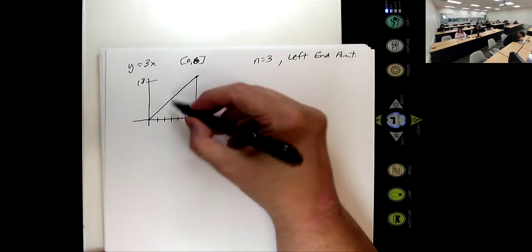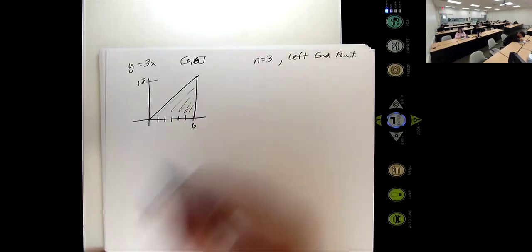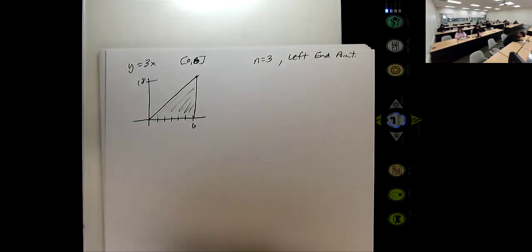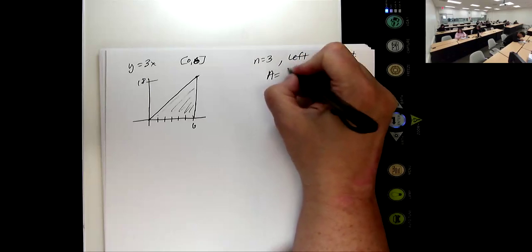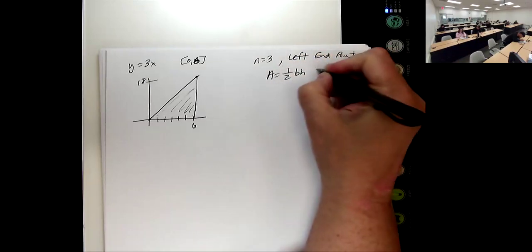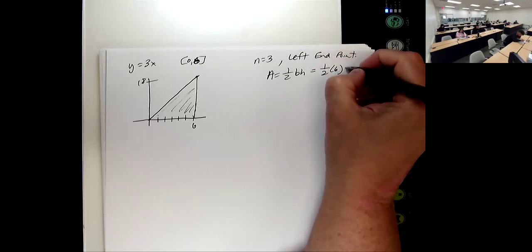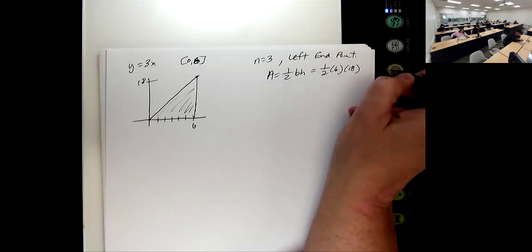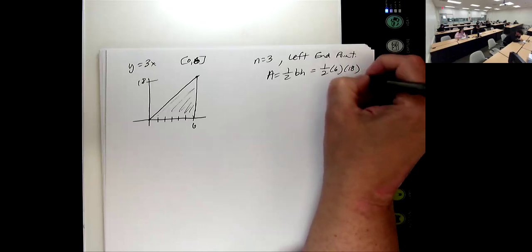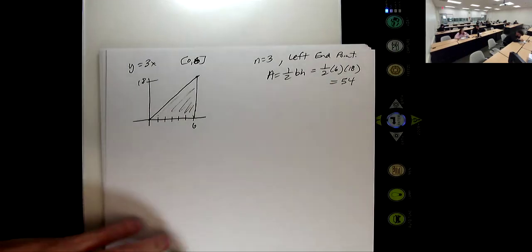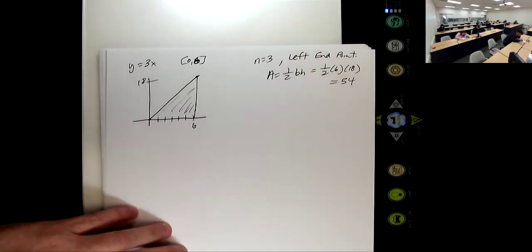So we want to find that area. Now this is easy. We know what that area is. It's area equals 1/2 base times height, which is 1/2 times 6 times 18, which is 54. We're gonna see how close the right hand or left hand approach works.